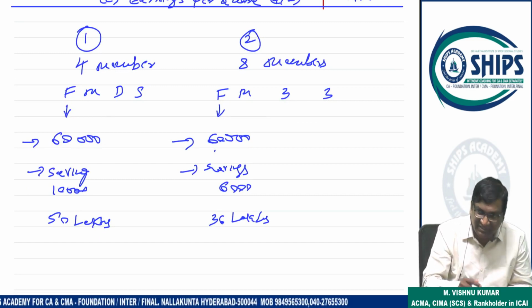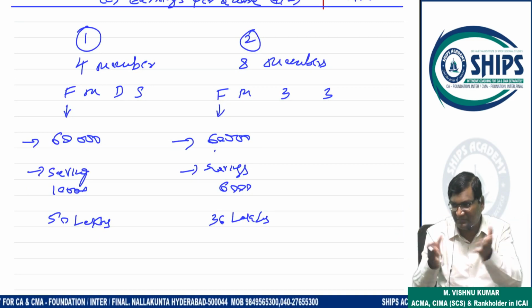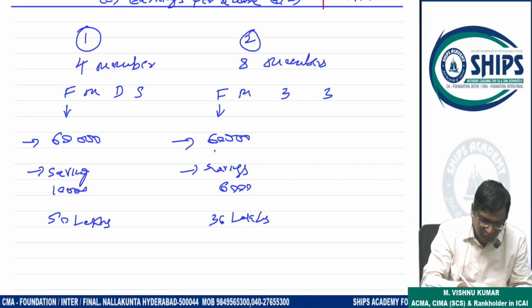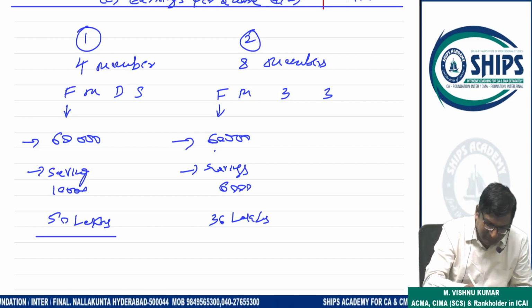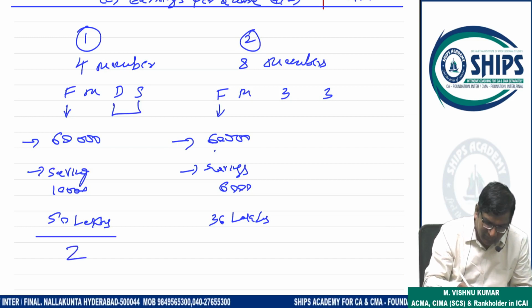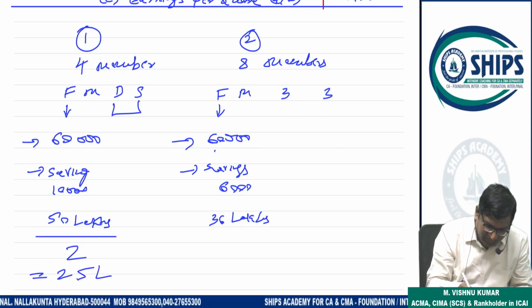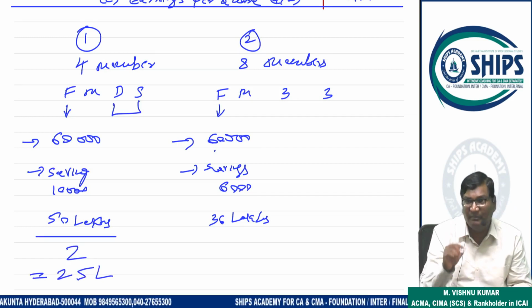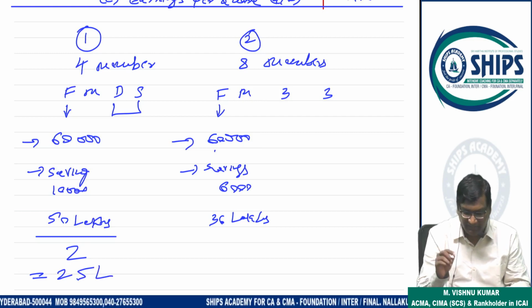Now, their parents are dividing this savings to their children. So this 50 lakh rupees will be distributed to daughter and son equally. So divided by 2, 25 lakh per child.